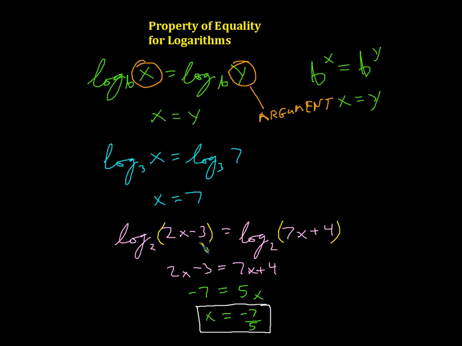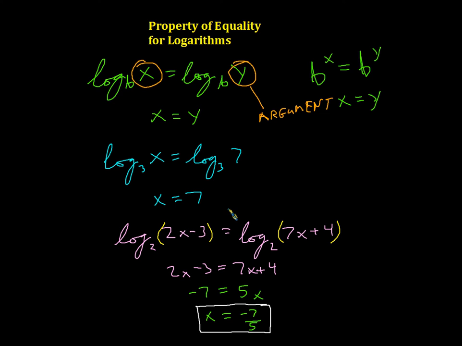If we know that there's a log of something and it's equal to the log of something else, and they have the same base, then we can say that the something must equal the something else. That's kind of the cool thing. Now, there can be problems with this concept. If you solve and get a value for x that makes this argument negative, then we have an extraneous solution.